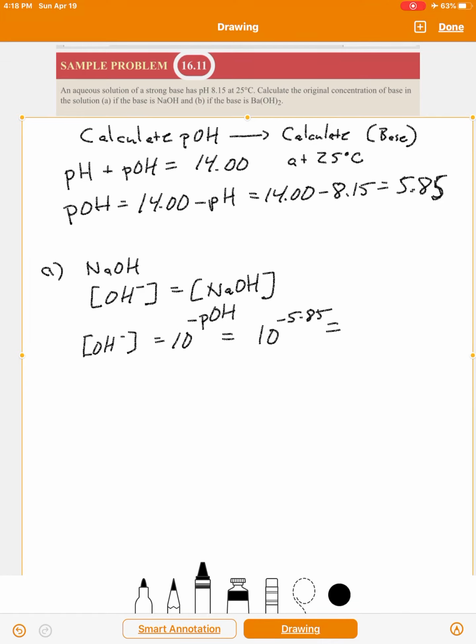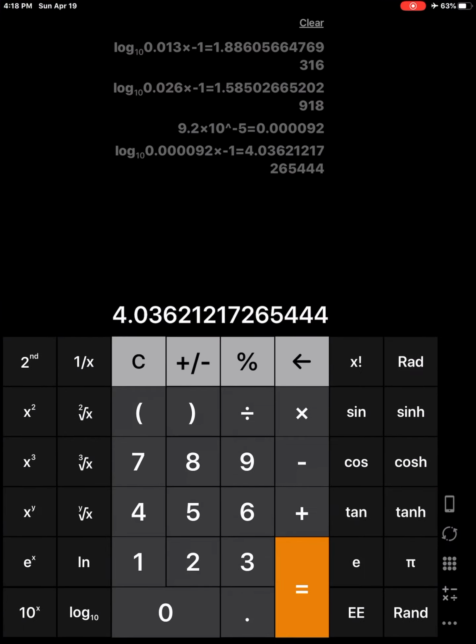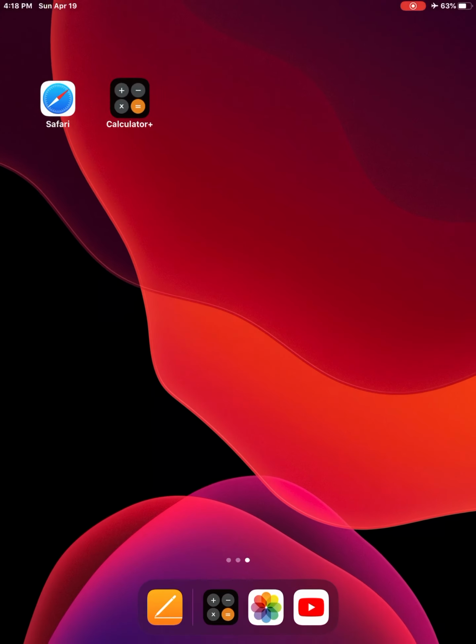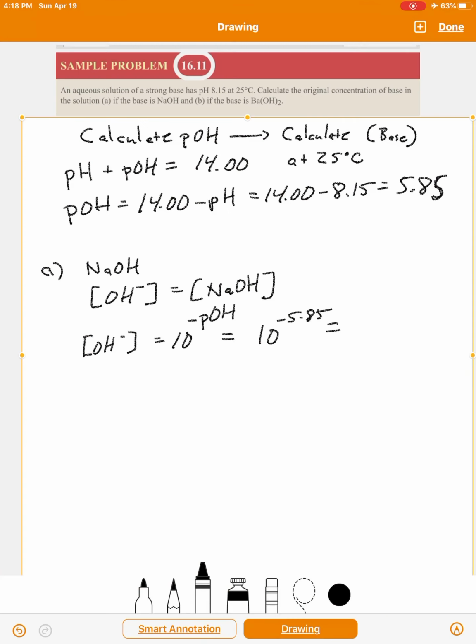Anti-log. Okay, so we come back over here. 5.85. We want to make that the negative, right? So negative 5.85, and then we go anti-log, which is 10 to the x. 1.4 times 10 to the minus 6. And that would be equal to the concentration of sodium hydroxide.